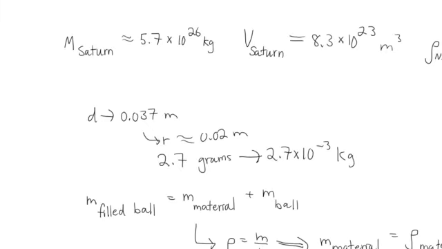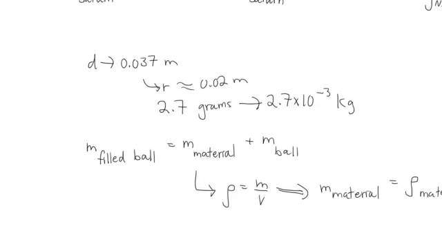And since ping pong balls are spherical, the volume would be 4 thirds pi r cubed. And we said r is 0.02 meters. And we're assuming that the plastic shell has negligible volume.